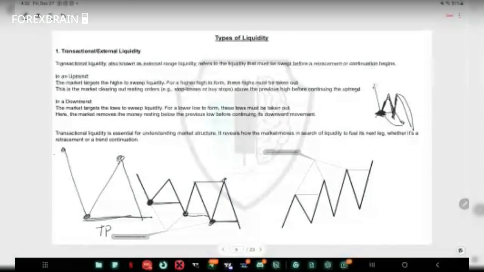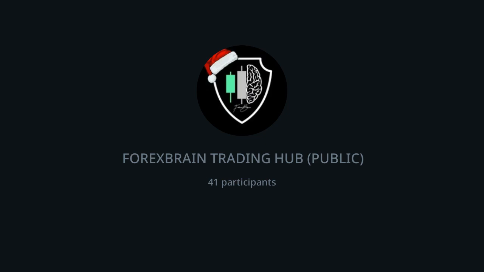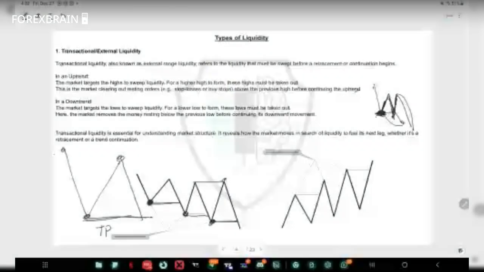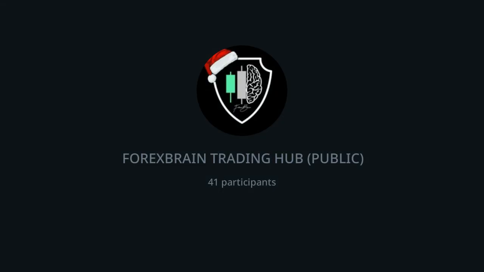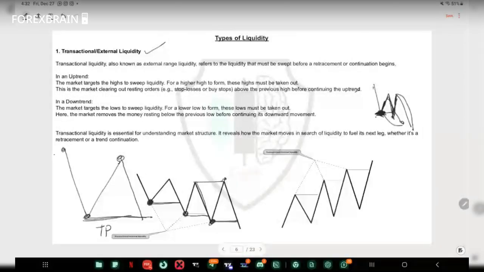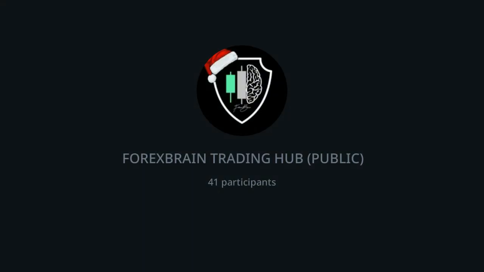Such that if you are looking at price, it may continue going in your direction. But when a target liquidity, or an external or a transactional liquidity, is taken, just know that price is most likely going to pull back for a new leg to continue. Do you understand?